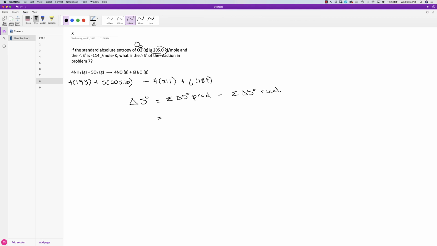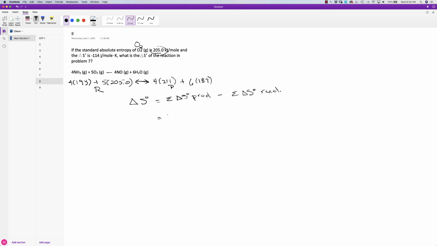Now don't get confused with this. This is just a line for the equation up above here. So these are our reactants. These are our products. We need to switch them and put our numbers down.